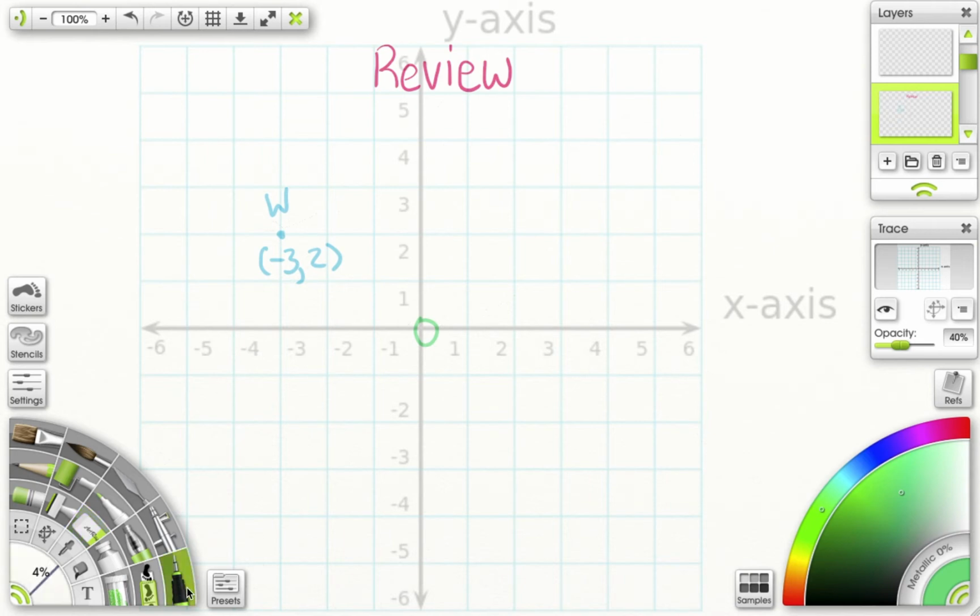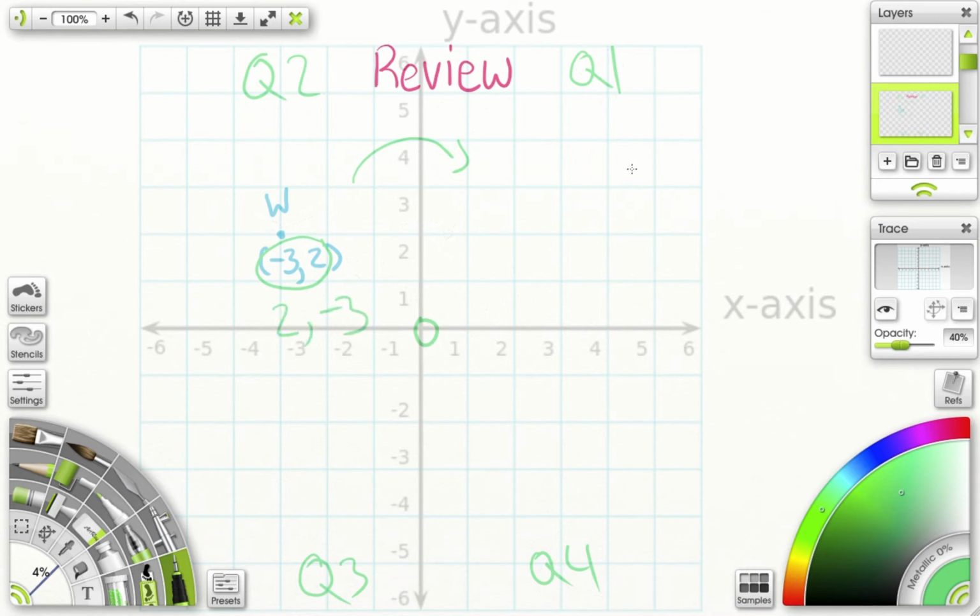So if I have the point W, which is -3, +2, and I'm rotating it clockwise, where is this point going to end up? Here is quadrant 1, quadrant 2, quadrant 3, and quadrant 4. Essentially what happens is these two numbers become reversed, so it becomes 2, -3.